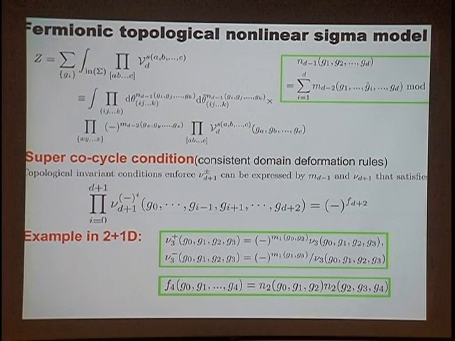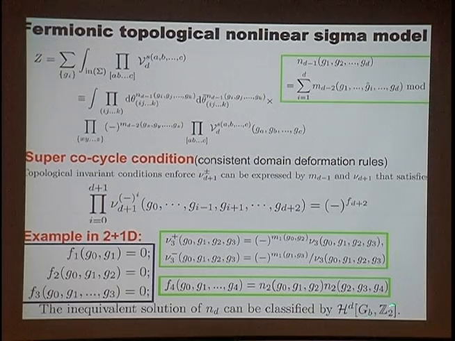There are some more detailed things, but basically this F4, for example in 2+1D, is just a cup product of this N2. And N2 we call a graded structure. It's valued in H2 with Z2 coefficient, because it's valued as 0, 1.